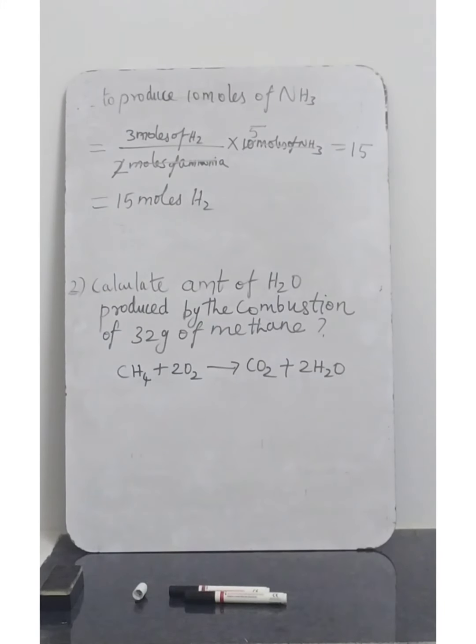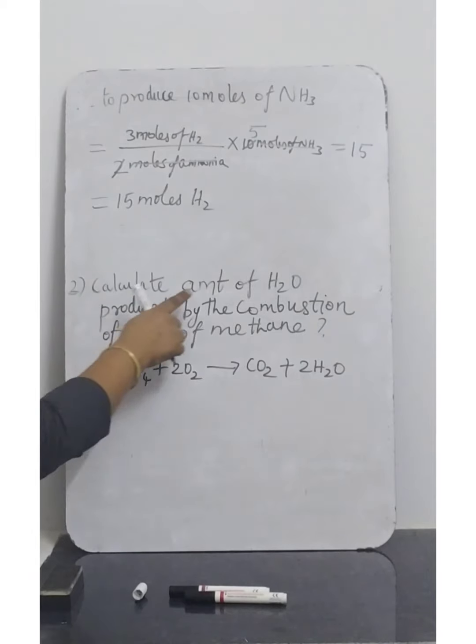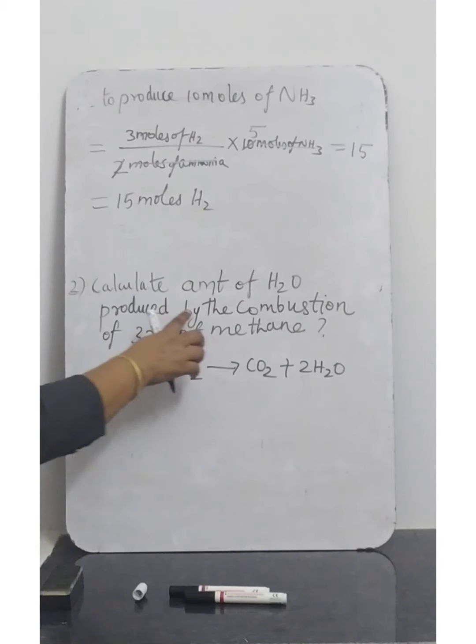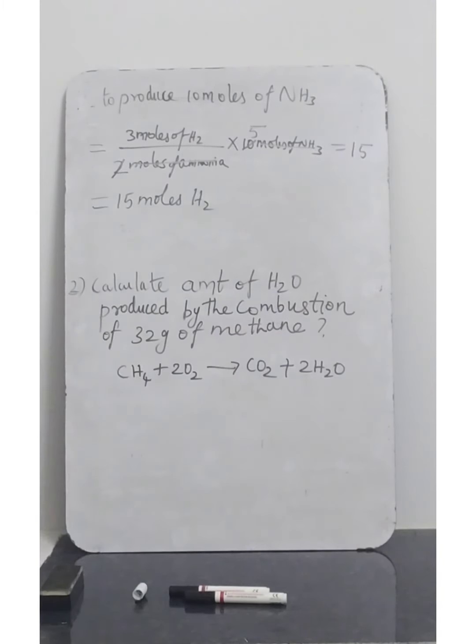Okay. The next problem. Calculate the amount of H2O, water, produced by the combustion of 32 gram of methane. Actually, we have discussed this before. Combustion of methane will give carbon dioxide and water.